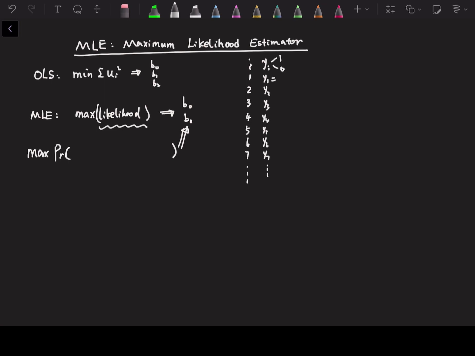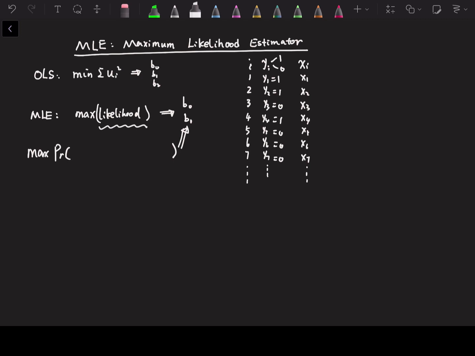Maybe this is 1, this is 1, this is 0, 1, 0, 0, 0. For example, this Y variable, the dependent variable, is binary. And X could be continuous. For example, X1, X2, for each observation you have the value of X, like this. So this is our data set. Y is a binary variable, X is either binary or continuous.